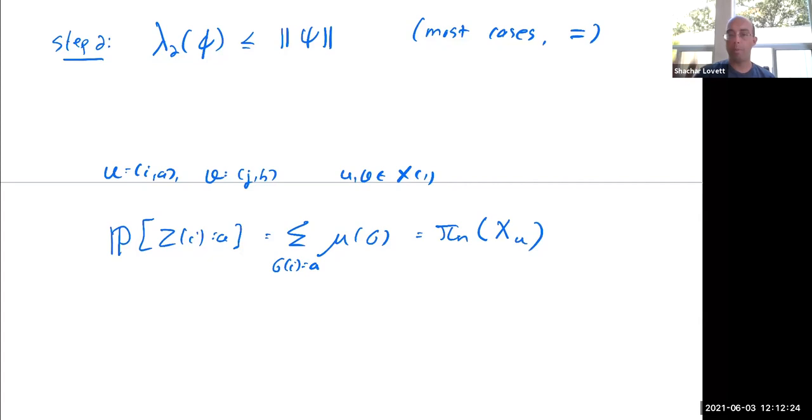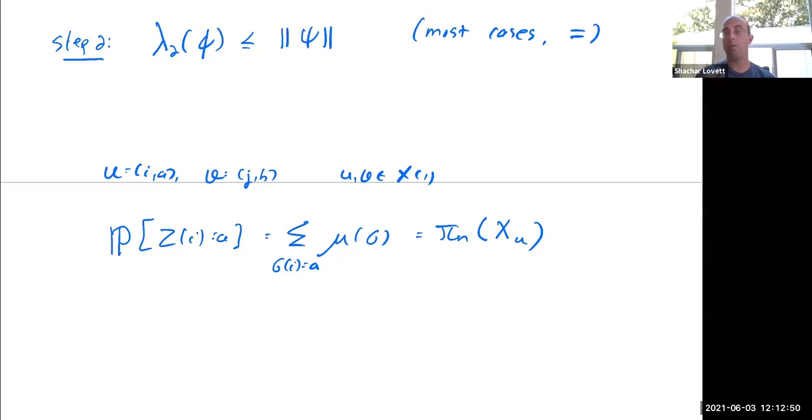Remember, the top level pi n is exactly mu. So summing up all the probabilities of the colorings where I color the element i by a is exactly the same as summing up all the probabilities of elements which contain u as one of its elements. Remember, the top level faces are full colorings. u says color element i by color a.